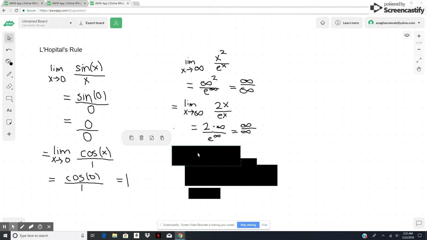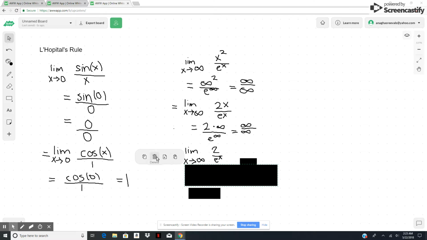For this example, we're going to have to take the derivative of both the numerator and the denominator once again. The derivative of 2x is 2, and once again, the derivative of e to the x is e to the x. So we can rewrite our limit as x approaches infinity of 2 over e to the x.